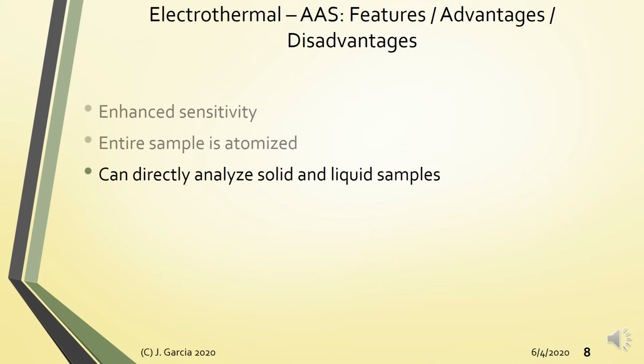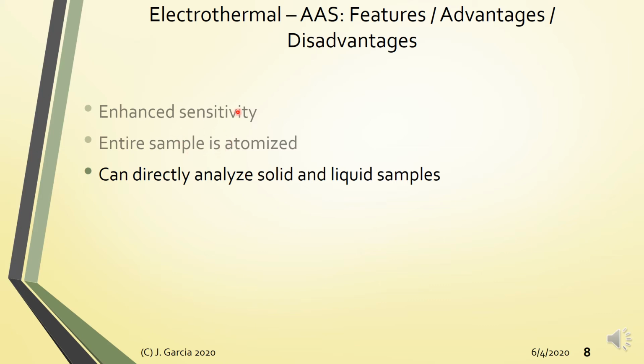So you can just place there your soil sample or your blood sample. You just need a few microliters of your blood sample to be analyzed. The whole sample that you place in the graphite furnace will actually be fully atomized.